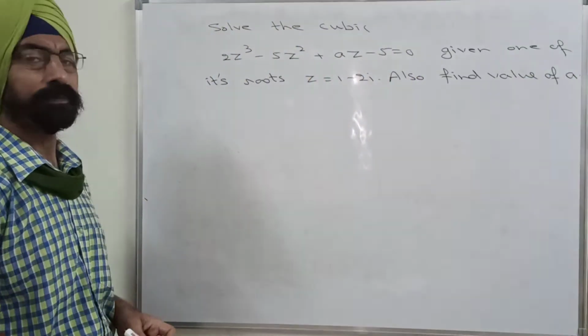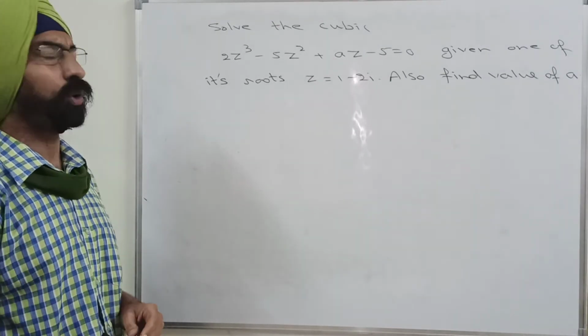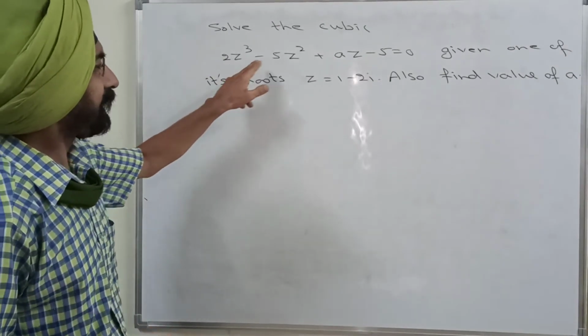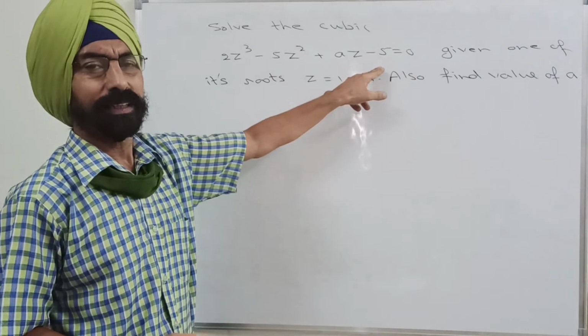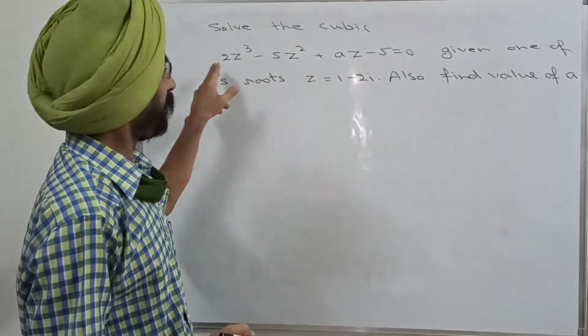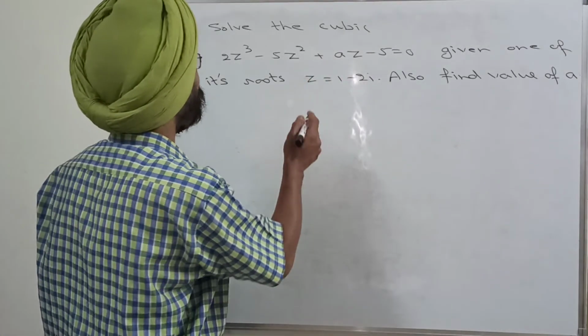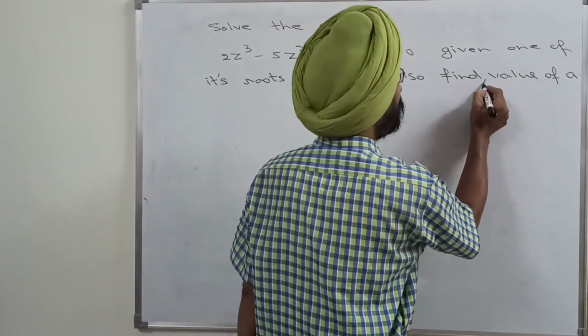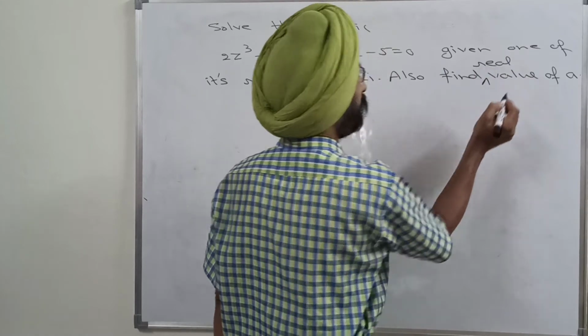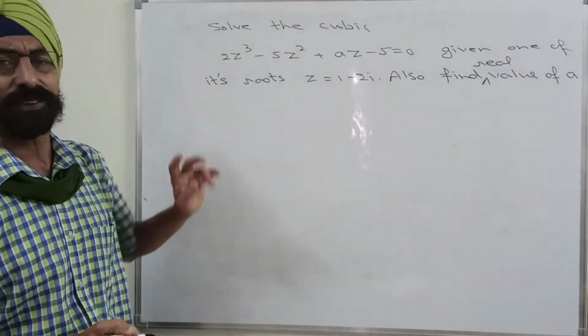This is the question. Here one thing is to be noted, that this cubic equation is having all the coefficients real. This a is also given to be real. So a is real.